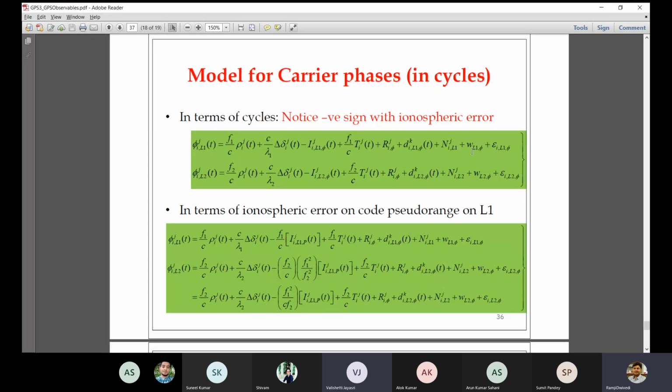Any doubt in any equation term? It looks large, it looks complex, but when you try to write one by one components, it's familiar. You are familiar with each and every component.